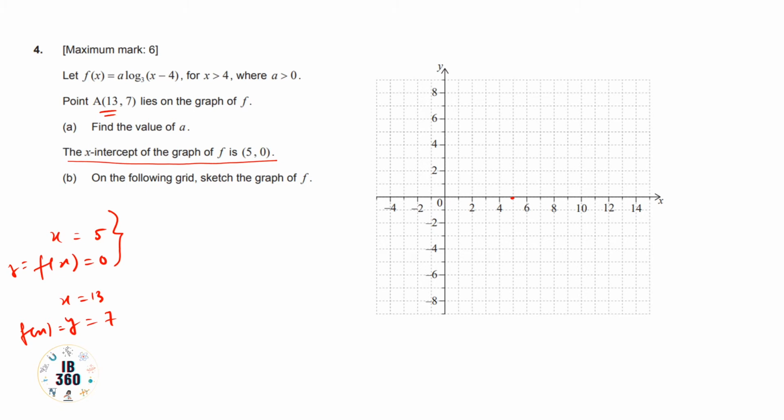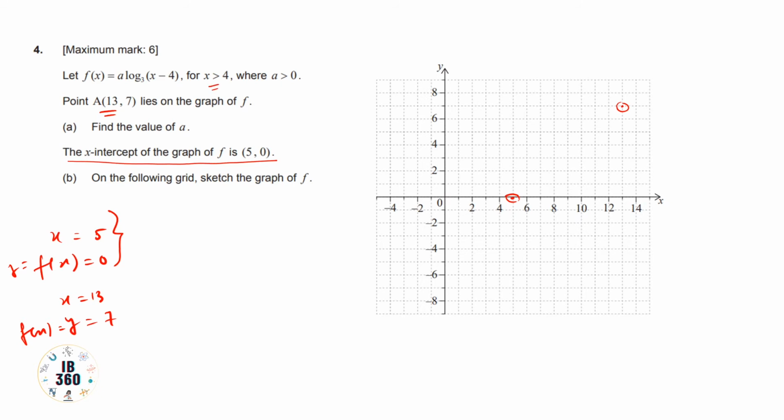Now we are finding out the next point, that is if x equals 13, then y equals 7. So the y equals 7 line is this, and x equals 13, so this point, and this point. Now one thing that we have to remember, that for x greater than 4 only this is valid.